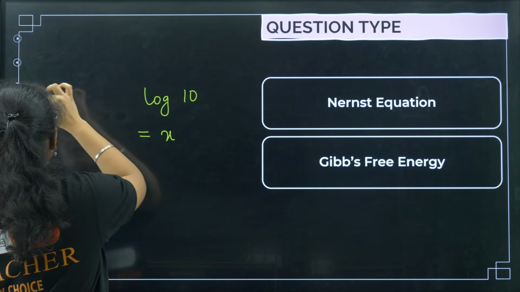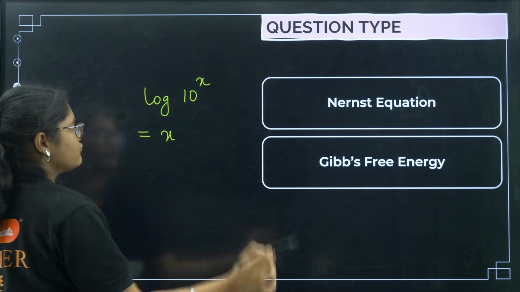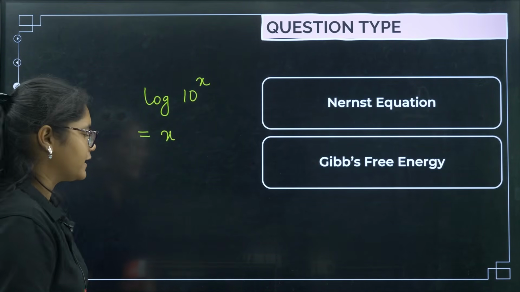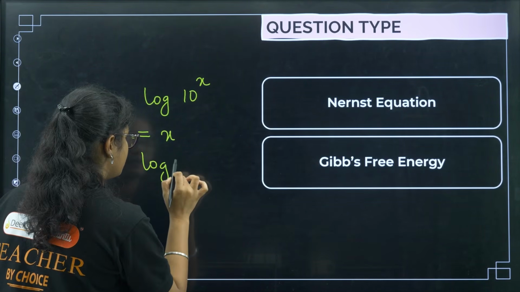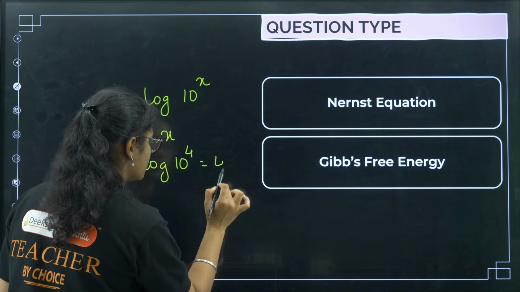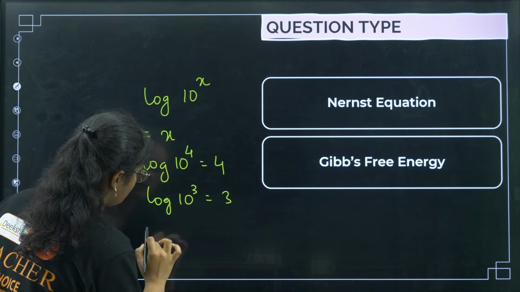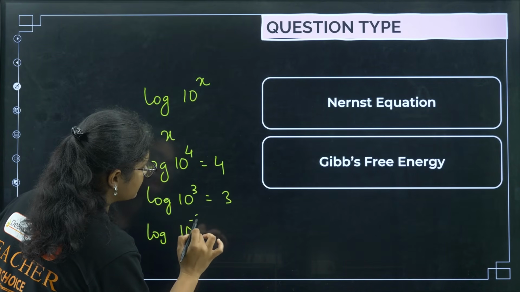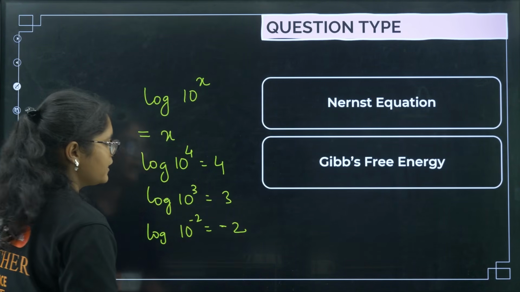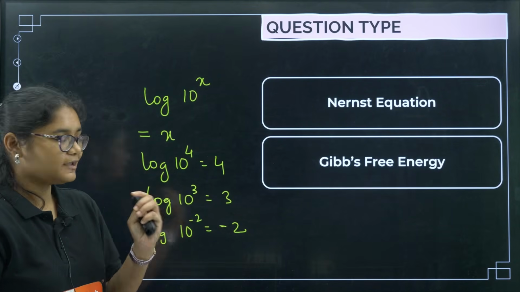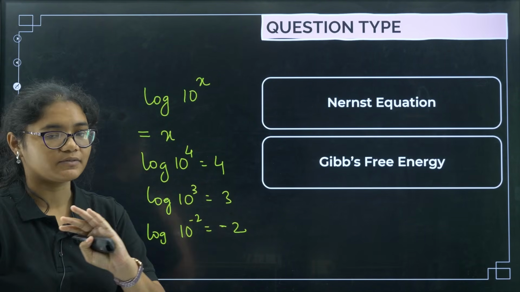Clear? Log of 10 to the power of x is x. So I can say log of 10 to the power of 4 is 4, log of 10 to the power of 3 is 3, log of 10 to the power of minus 2 is minus 2. This is what we can easily find if log of 10 to the power of something is given.